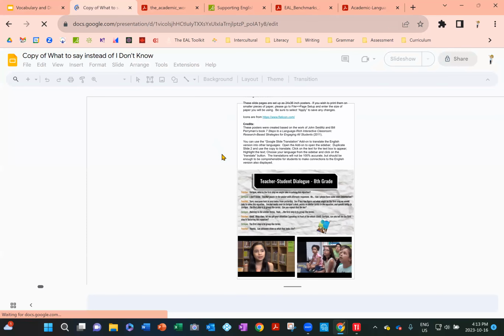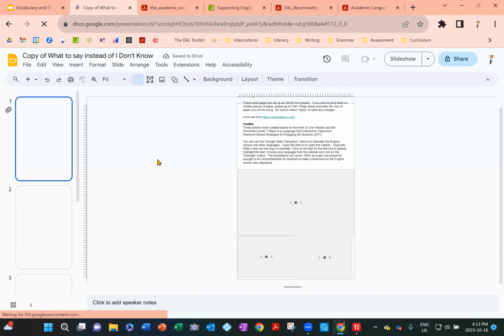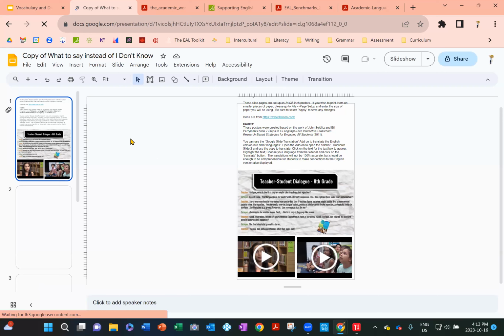It's a little small, but just so you know, don't just print it off on your computer at home or at work, because the page setup is for a 2 foot by 3 foot poster. So you may want to go into the page setup first.